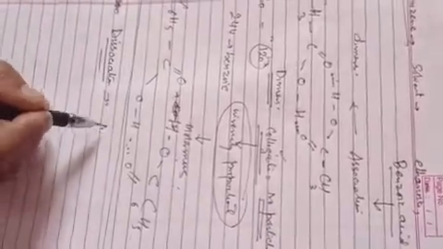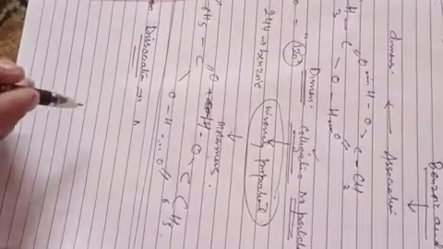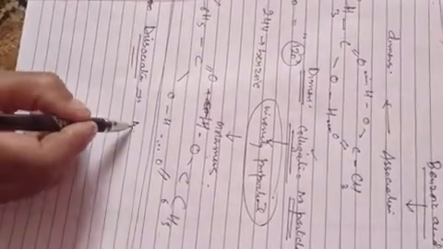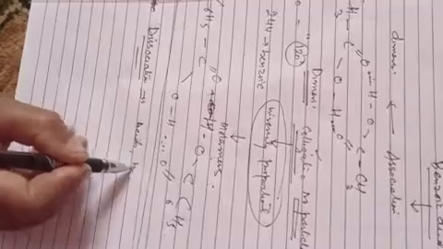In case of dissociation, in case of some electrolytes, for example acids and some bases, molecules dissociate. For example, AB gives A positive, B negative.